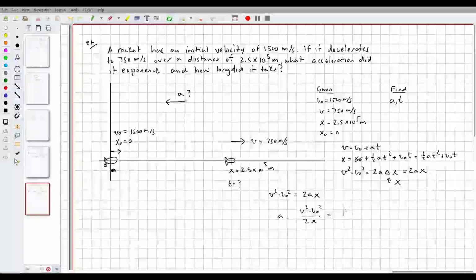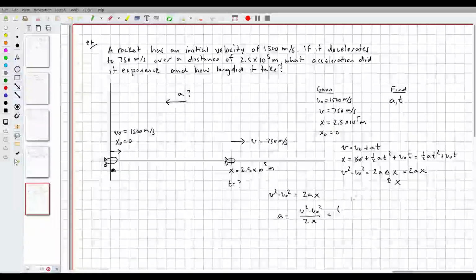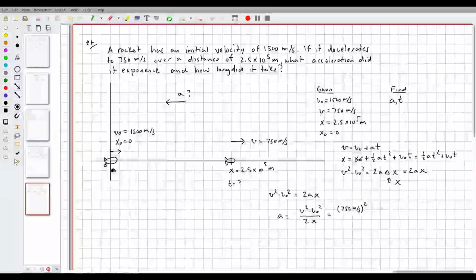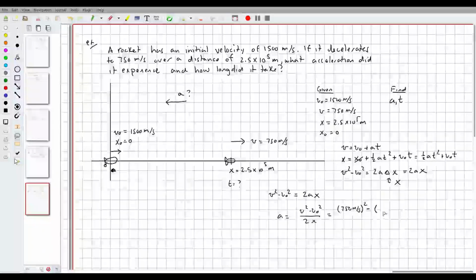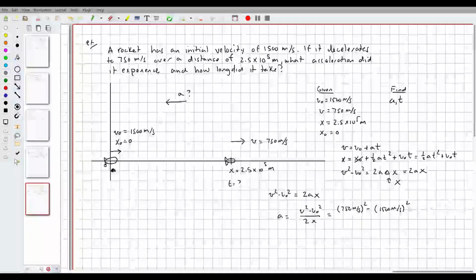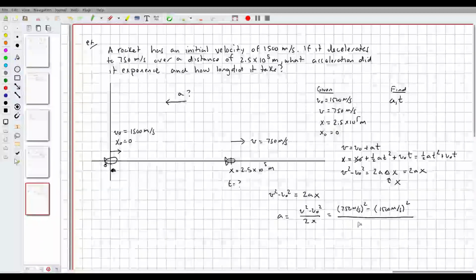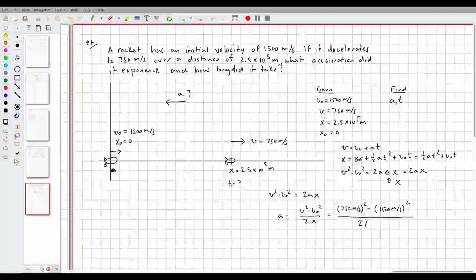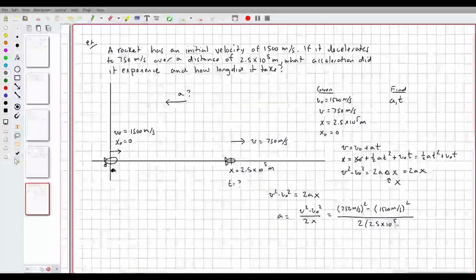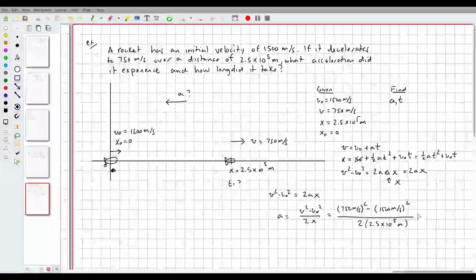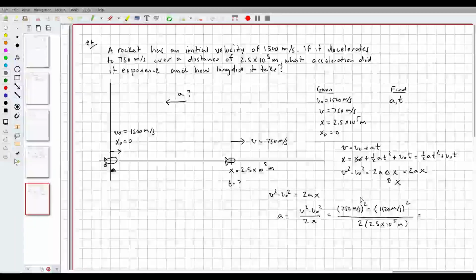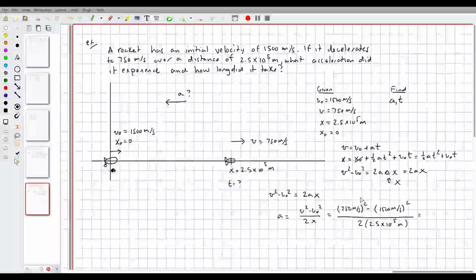Now, all I need to do now is to plug stuff in. V is 750 meters per second. V naught is 1500 meters per second. X is 2.5 times 10 to the 5th meters. Now, if I plug this into my calculator, let's see what we get.